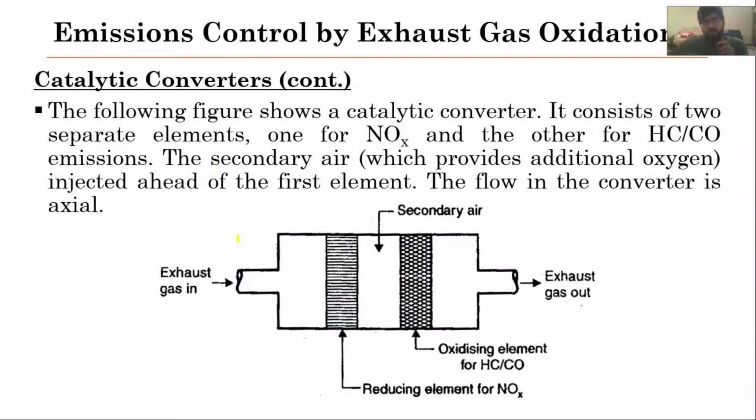Okay, now moving forward towards the working of the catalytic converter. Here you can see that we basically have two meshes. The first one is the reducing element, and the second mesh is of the oxidizing element.